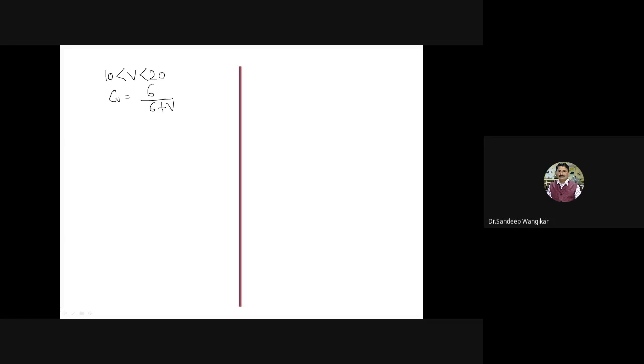In the numerical, we have assumed V as 5, and we have used the formula CV is equal to 3 upon 3 plus V. But in our actual calculation of module, we are getting V value as 10.63 meters per second. So greater than 10 but less than 20, I will use CV is equal to 6 upon 6 plus V. Then CV is equal to 6 upon 6 plus 10.63.